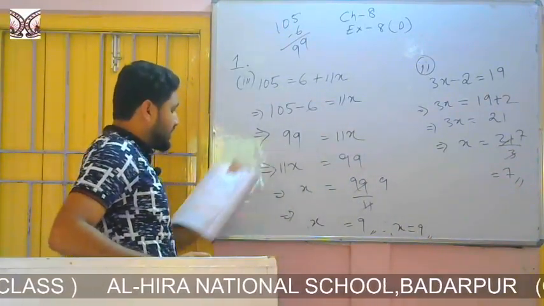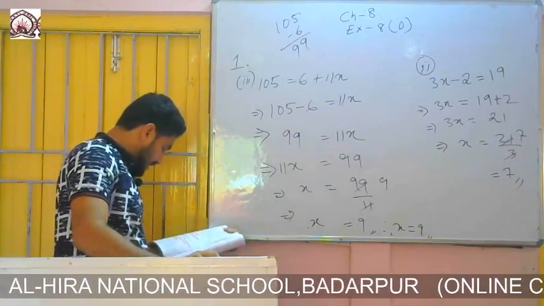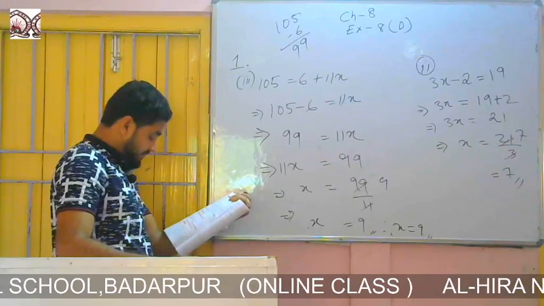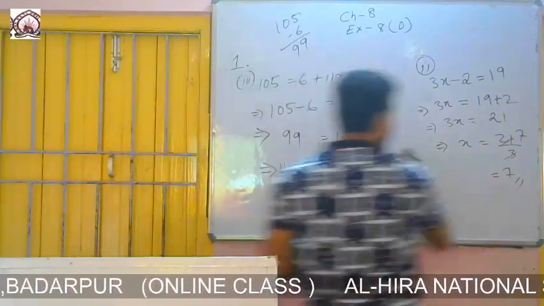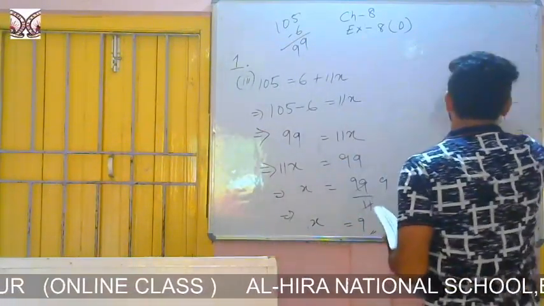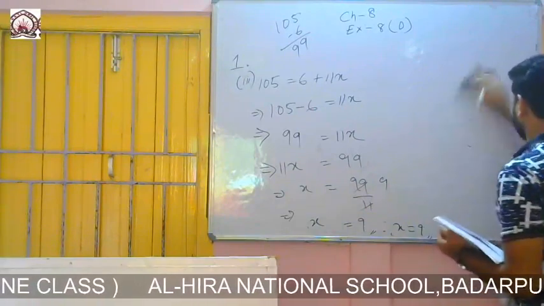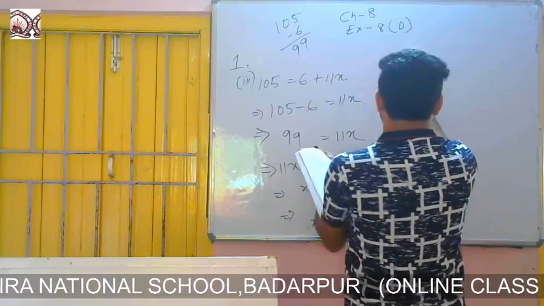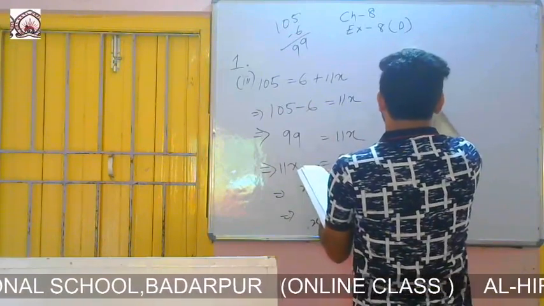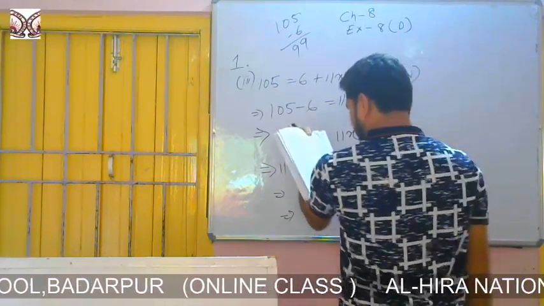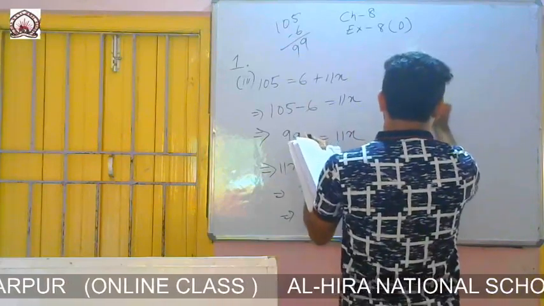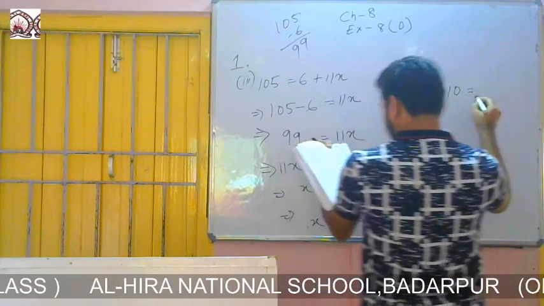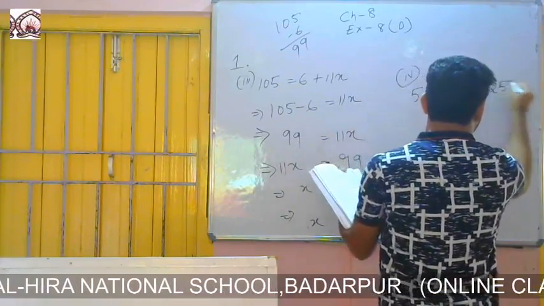Now come to question number 4. 5a minus 10 equals minus 25.